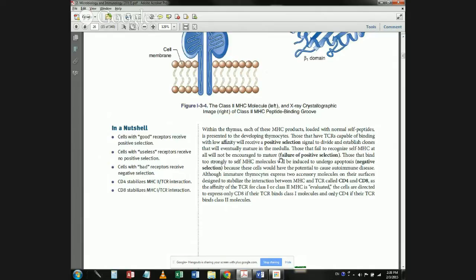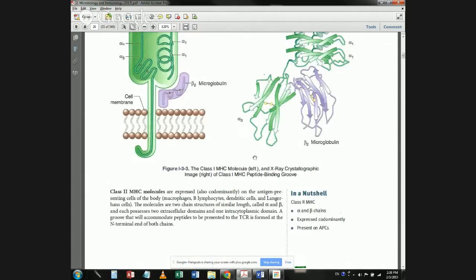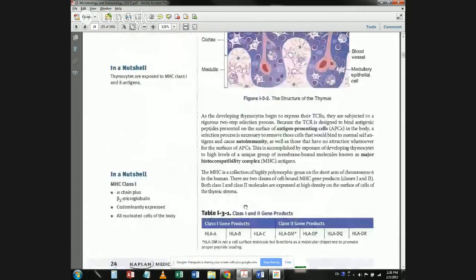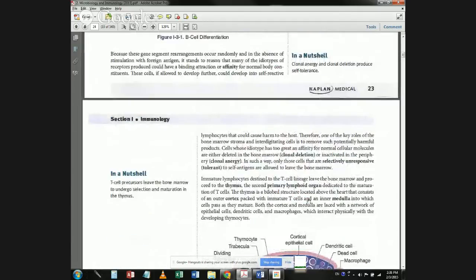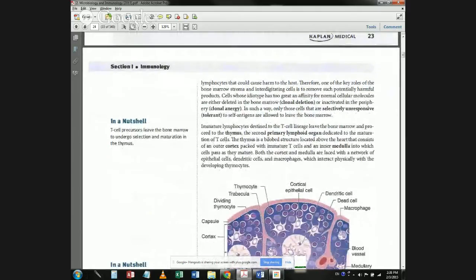So both MHC1 and MHC2 are found in, let's go back a little bit. So remember all these TCRs, antigen presenting cells are found inside this cortex right here.